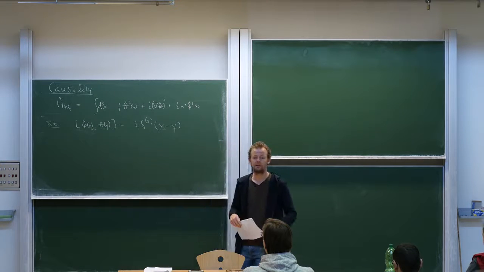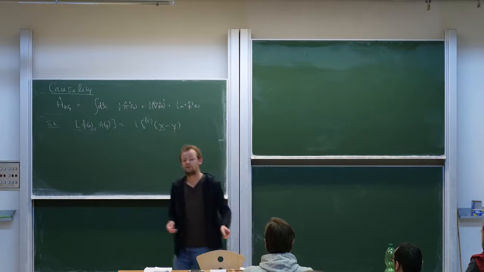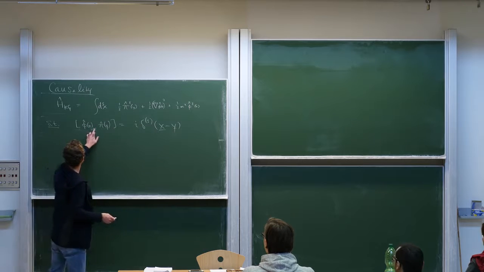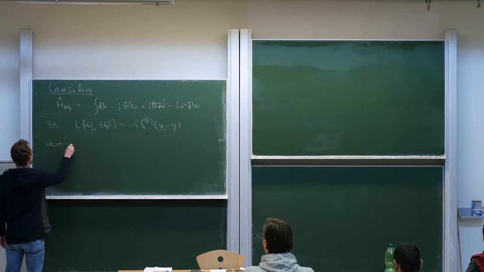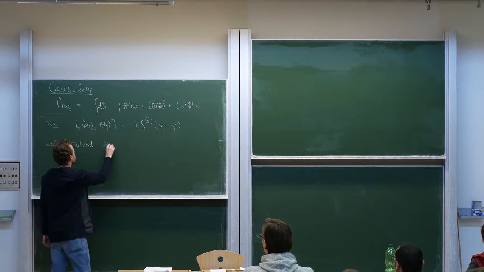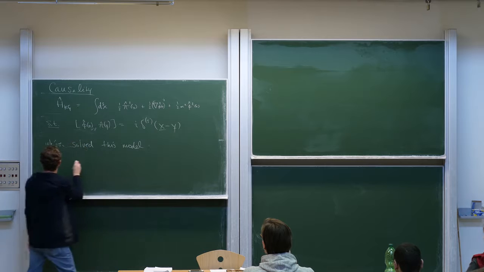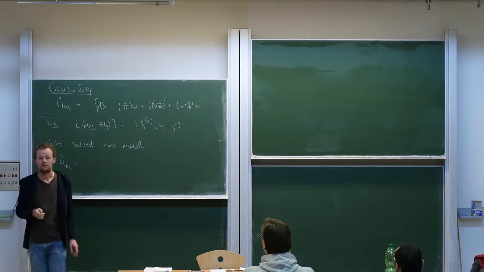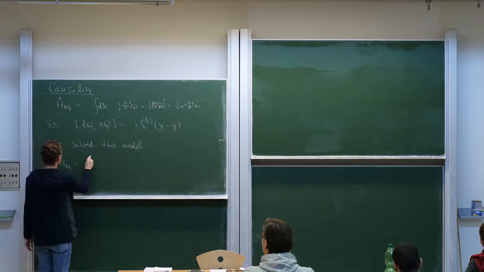And in fact, we did a little bit better. We've actually done more. In the previous lecture, we solved this model, and then we studied the solution to the Schrödinger equation. And the way we solved it is by writing it as a linear combination of commuting operators.